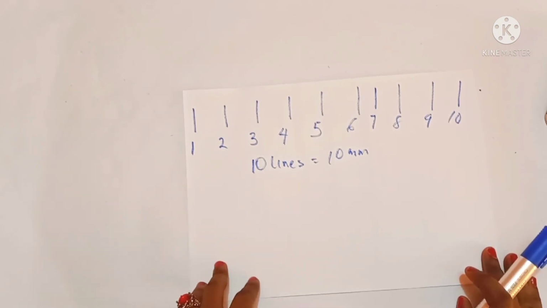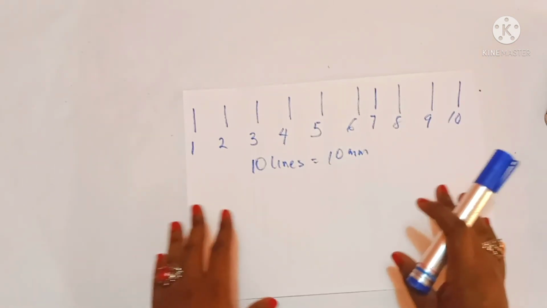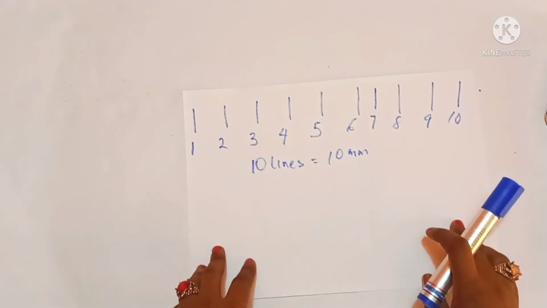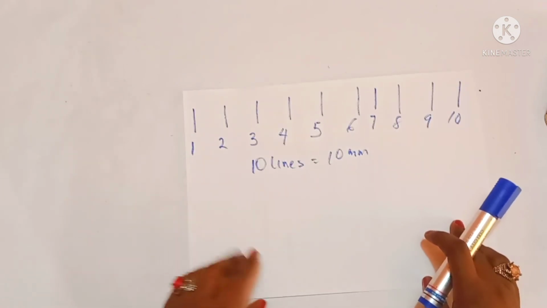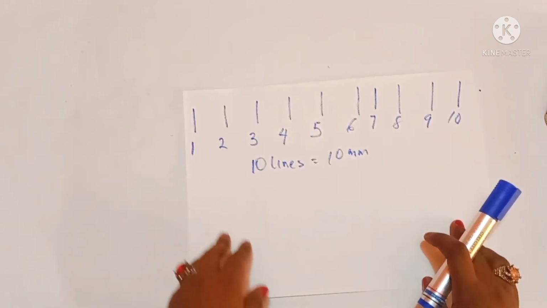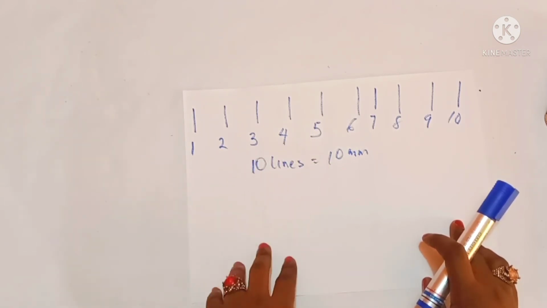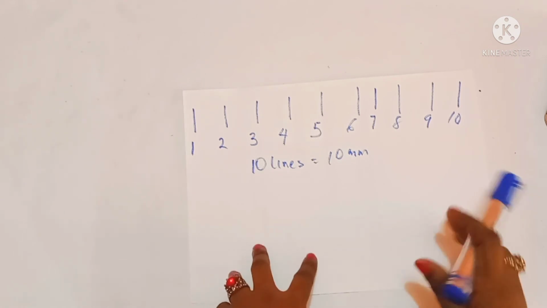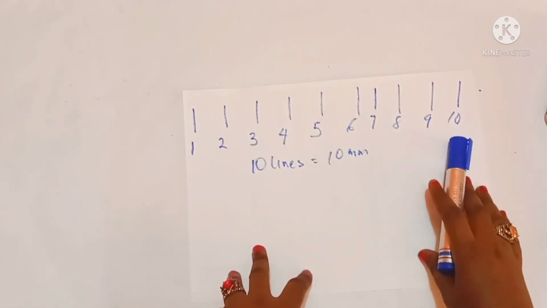If that is so, then we don't need to divide, we don't need to multiply, we just leave these numbers the way they are. In millimeters, you just count straight. So I have 1 millimeter, 2 millimeters, 3 millimeters, 4, 5, 6, 7, 8, 9, 10 millimeters.